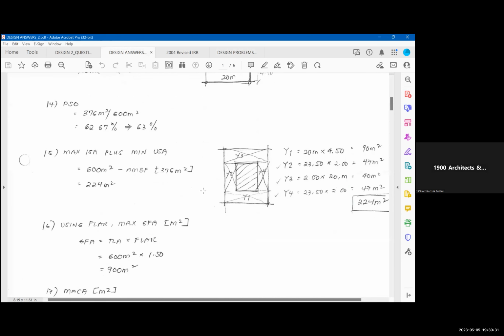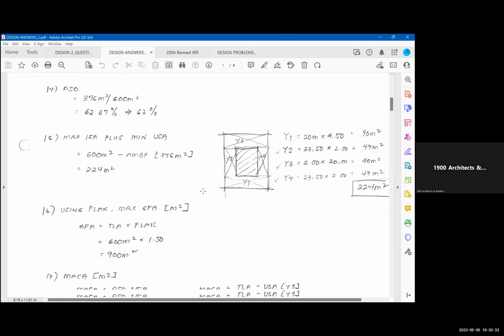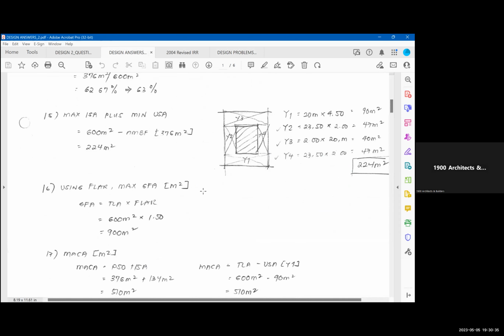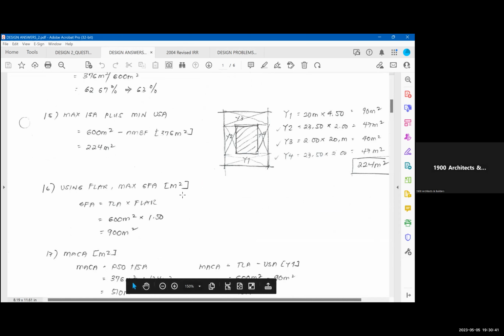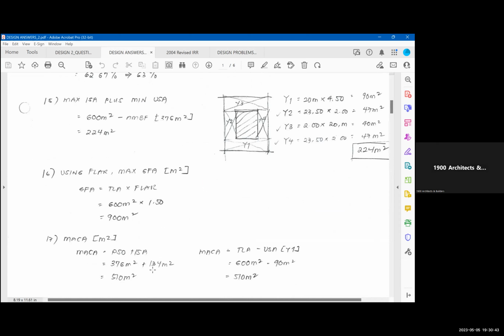So, MACA is equal to PSO plus ISA. Nakuha na natin yung PSO sa number 40, and then we also have the ISA. Plus lang daw natin yun, yun yung MACA.